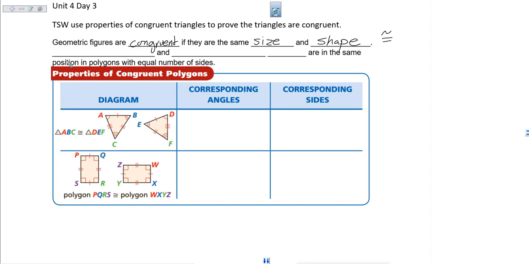When we're talking about congruent triangles and congruent polygons in general, congruent angles or corresponding angles have to be in the same position. And corresponding sides also need to be in the same position.